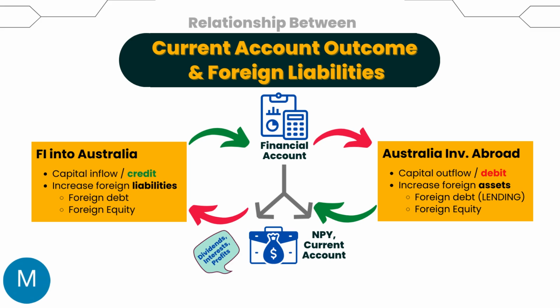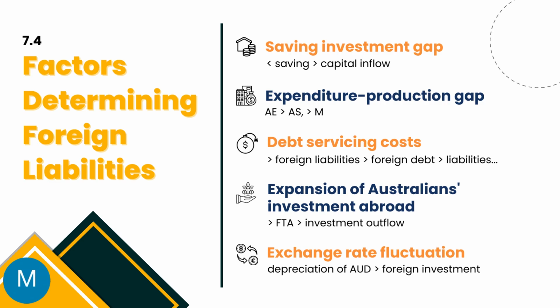However, the foreign investment into Australia, the money brought in by the foreign investor, is a capital inflow which will be credited into the capital and financial account in the first place. However, in return, the return on investment that we pay to the foreign investor would increase foreign liabilities, which will be debited from the MPY account.